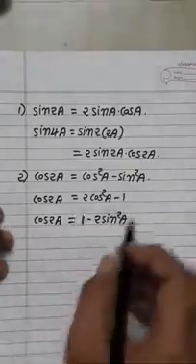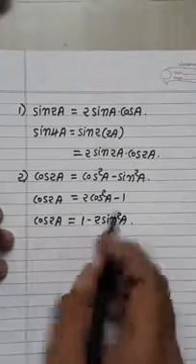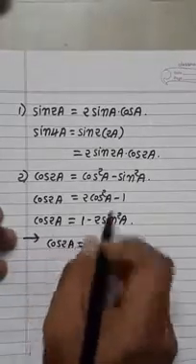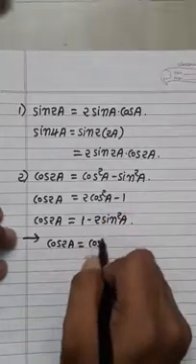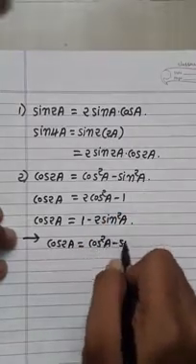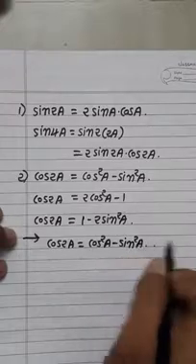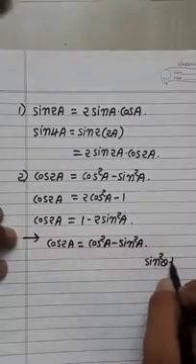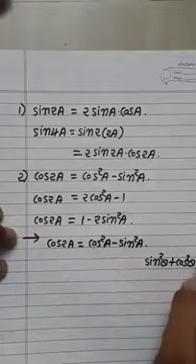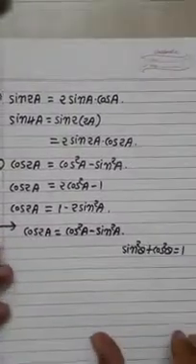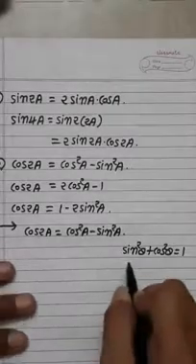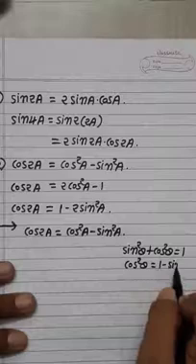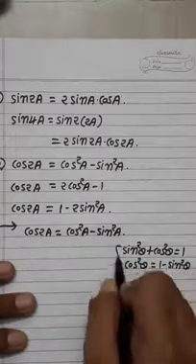So now let us discuss the proof of this result. Cos 2a is equal to, here given, cos square a minus sin square a. Now we know that sin square theta plus cos square theta is equal to 1. So cos square theta we can write as 1 minus sin square theta, right?